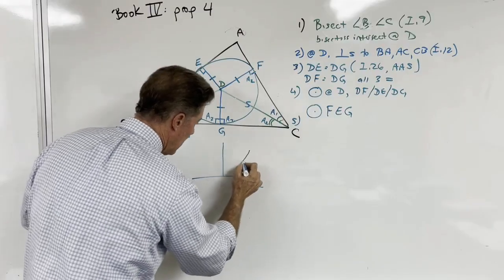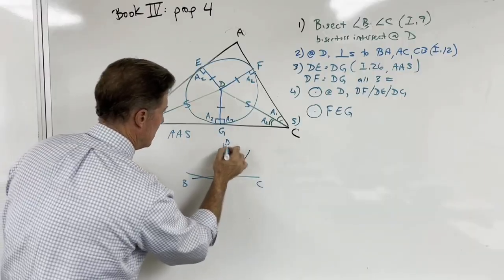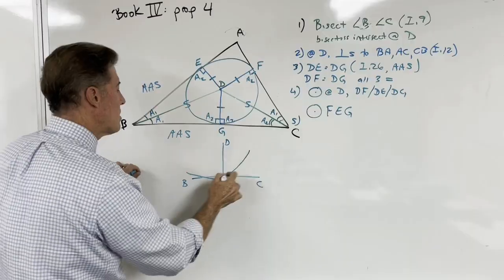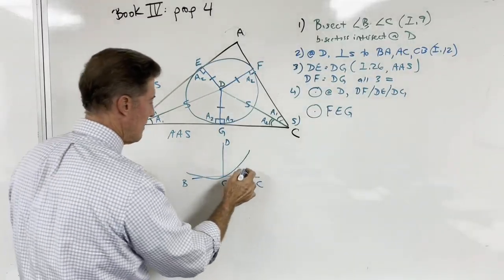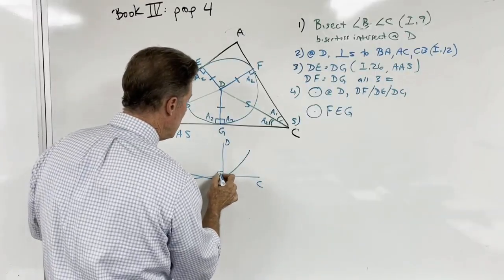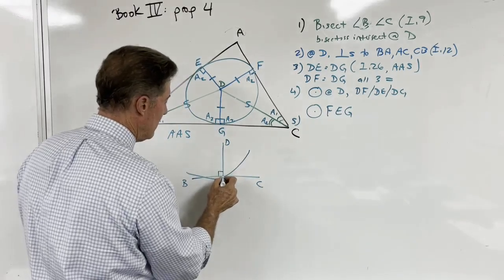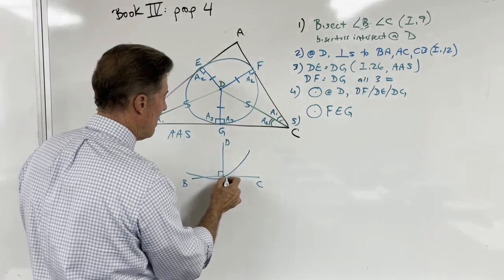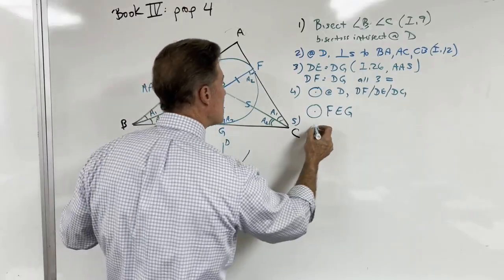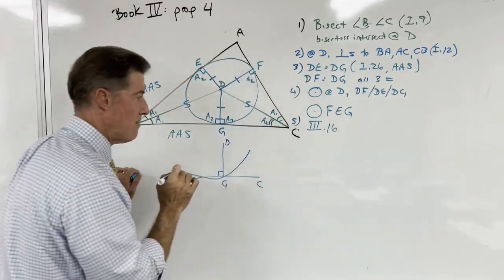If the circle somehow cut line BC, then we would have the situation where a line at the extremity of a diameter falls within the circle. And we saw, according to Book 3, Prop 16, that can never happen.